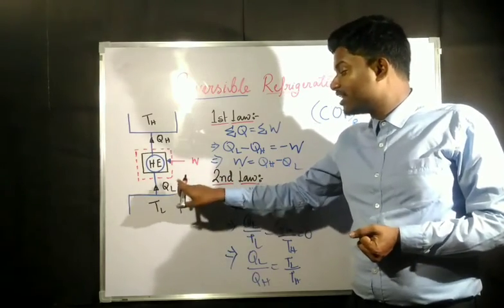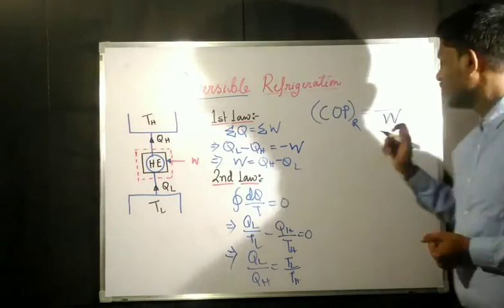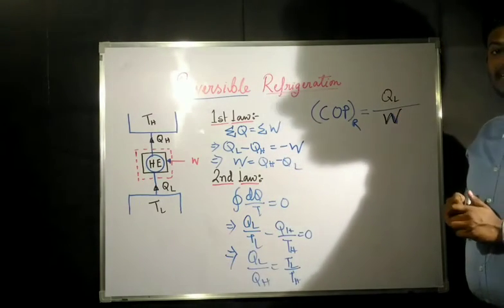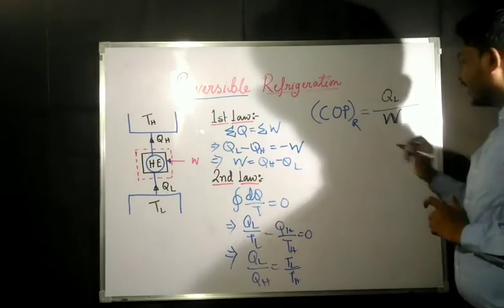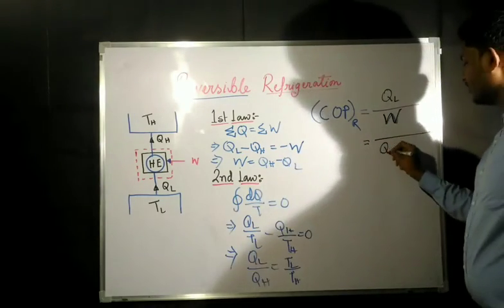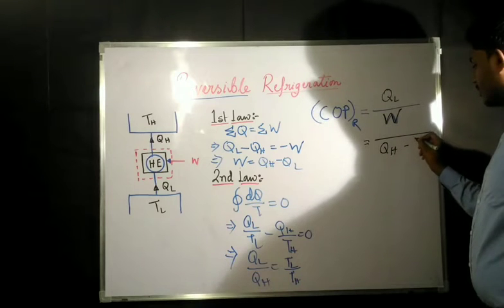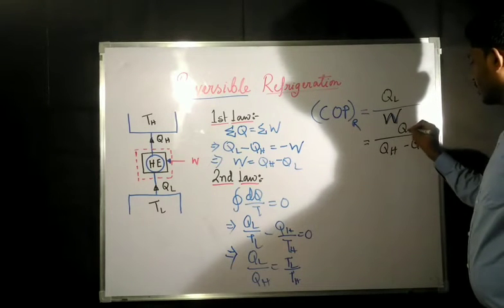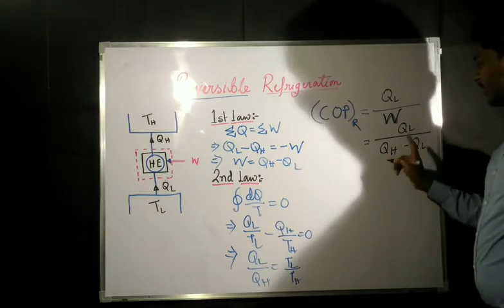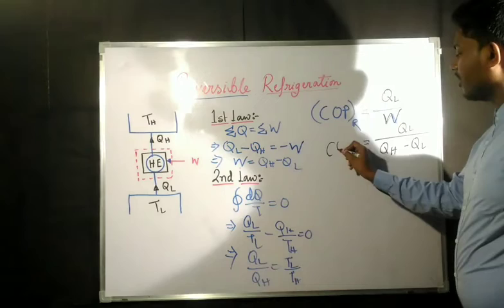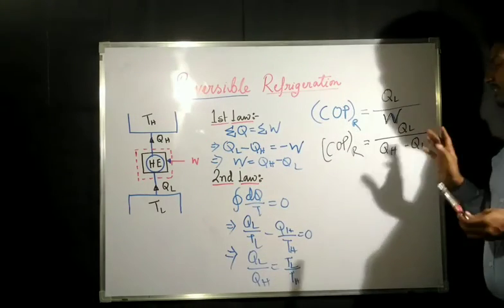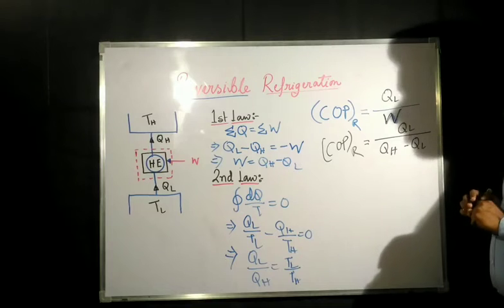So the desired effect is QL. From the first law, W is nothing but QH minus QL, so the COP is QL divided by QH minus QL. This is the formula for the coefficient of performance of a refrigerator.